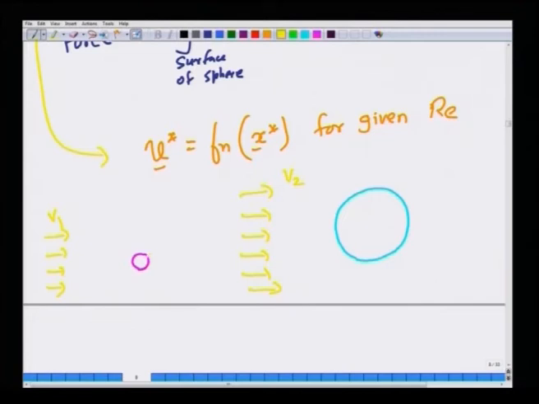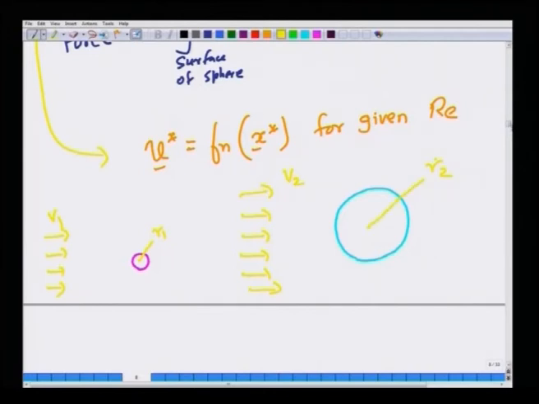Now, if you were to ask what is the velocity in the fluid at a distance r 1 from the center of the sphere, and at a distance r 2 from the center of the sphere.